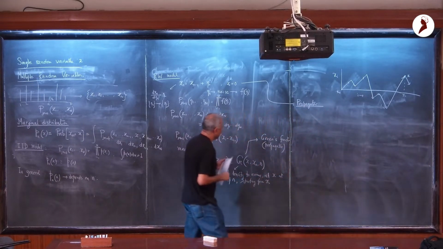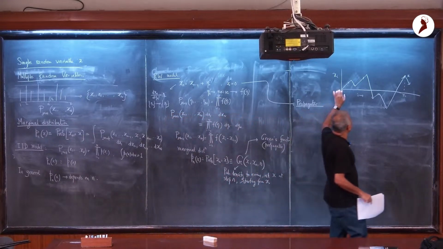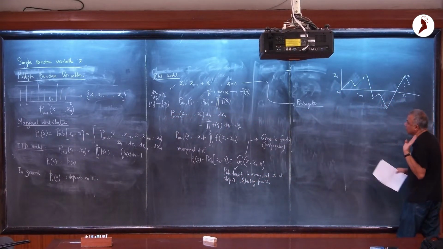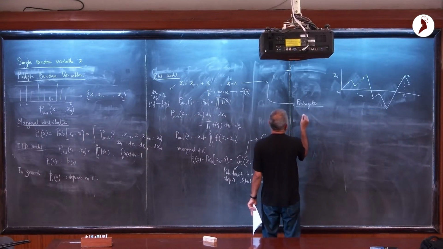So I want to calculate G(x, x_0, n). What's the probability of going from x_0 to x in n steps? Okay, that's all. For this, using this Markov property, you can write down a recursion relation, and there are two types.